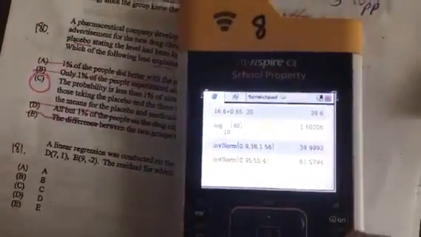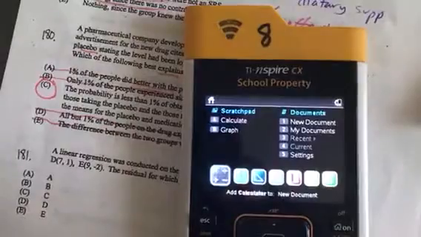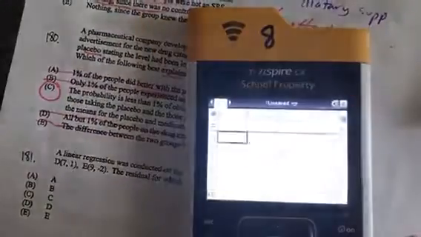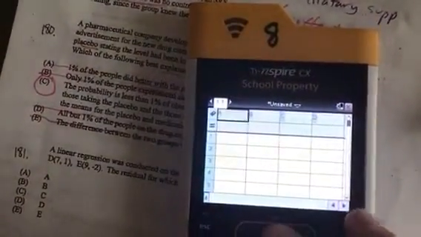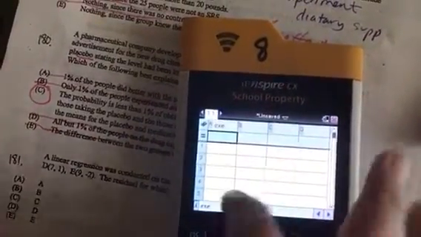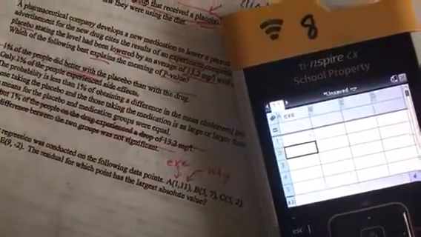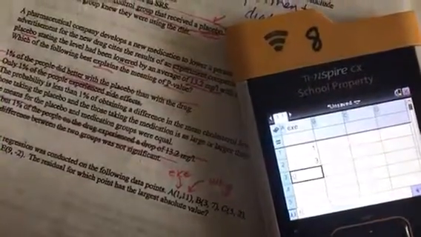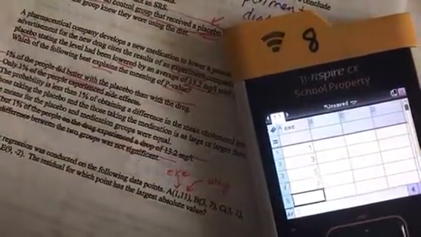So I'm looking at my fancy calculator here. I'm going to the main screen and I'm saying to myself, I need a table because I need to type in these values. So my X values, I'm going to call it EXE, are, because I don't know what it represents, 1, 3, 5, 7, 9.